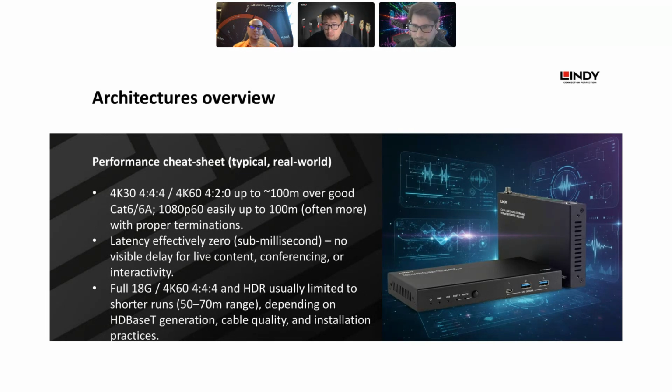Latency 0, no visible delay for live content, conferencing, or interactivity. Full bandwidth 18 gigabits, 4K 60 Hz, 4:4:4, and usually you can get HDR. Sometimes shorter runs, up to 70 meters, depending on HDMI generation.